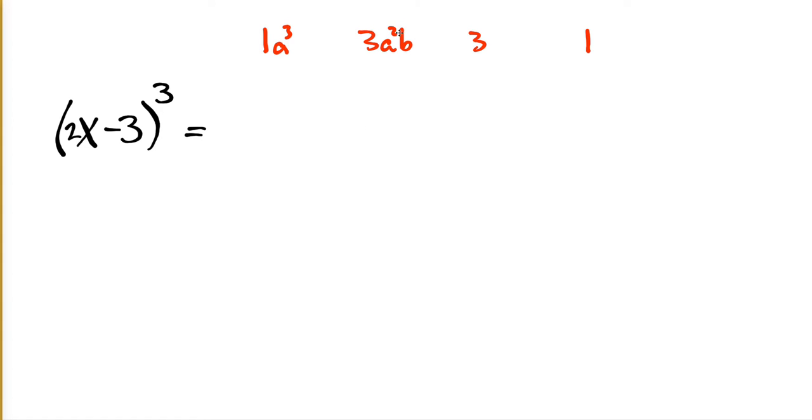The powers always add to 3, and you're just writing the different combinations. AB2, B3. The 2x is what we're going to put in place of A. The negative 3 is what we put in place of B.